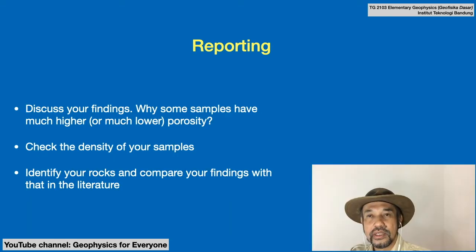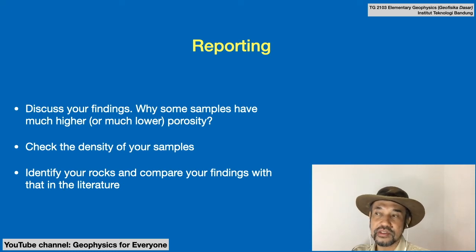Now, it comes to the reporting. The students, apart from determining the porosity of these 3 samples, are required to discuss their findings. For instance, why some samples have much higher or much lower porosity compared to the others. The students could also check the density of the samples.